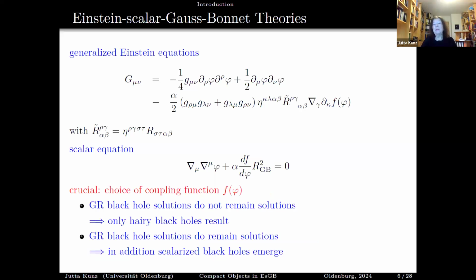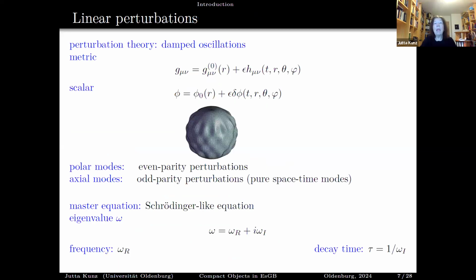And the coupling function is also very crucial, because the choice of coupling function tells us what type of black hole solutions are possible. In particular, it tells us whether the black hole solutions of general relativity remain solutions, and we have in addition scalarized solutions, or whether we only have scalarized solutions and the solutions of general relativity no longer satisfy the equations of motion.